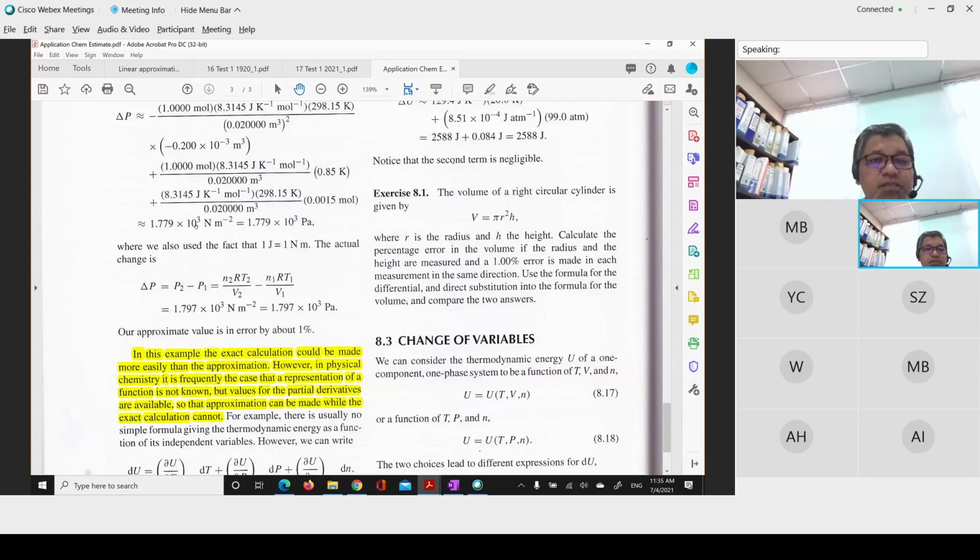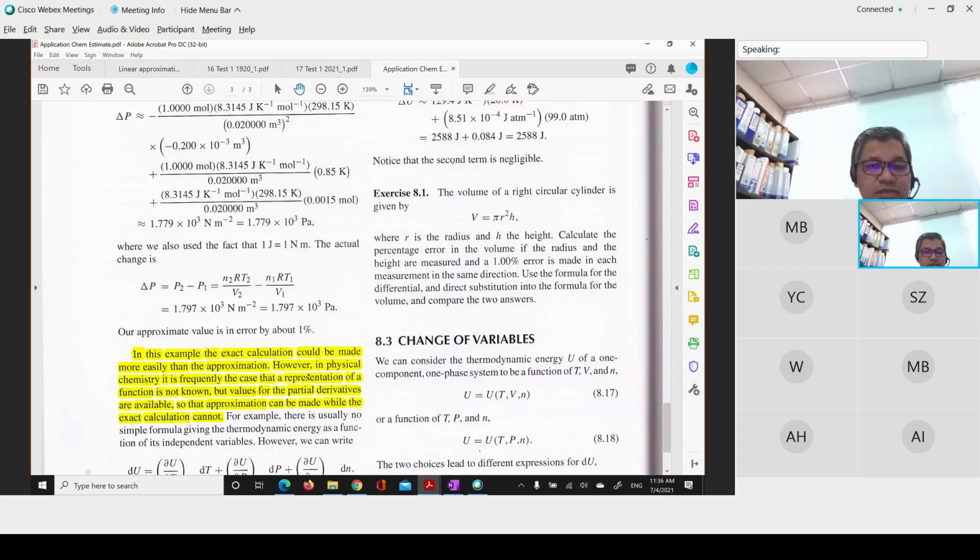The above calculation made use of the partial derivatives, and this is the exact value from the formula given. So they are quite close, very close. In this example, the exact calculation could be made more easily than the approximation, isn't it?